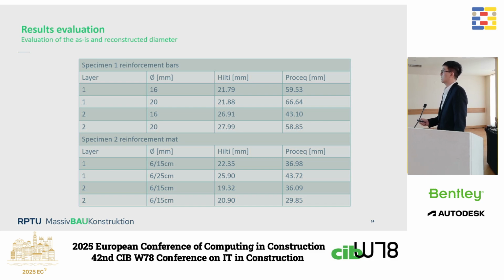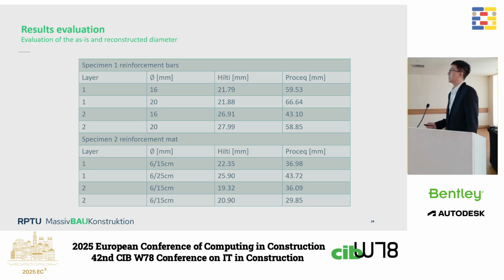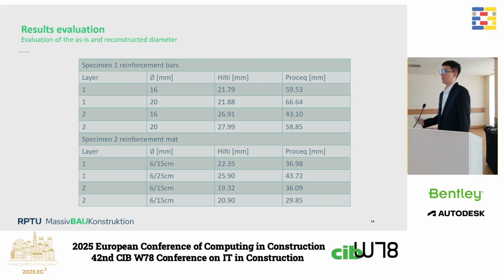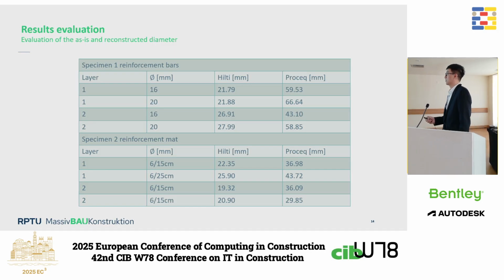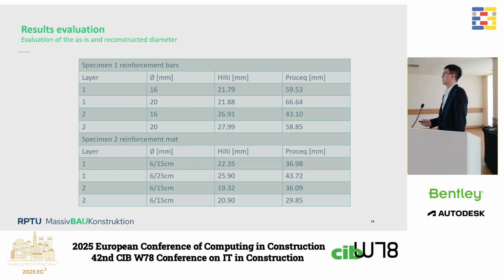One device is Hilti and the other device is Proceq. For specimen 1 and specimen 2, there are many deviations from the Proceq. You can see the diameter from the bars is only 16, but there's 59. This is a big deviation, and only with Hilti we get better results.